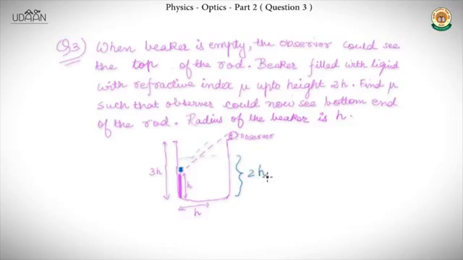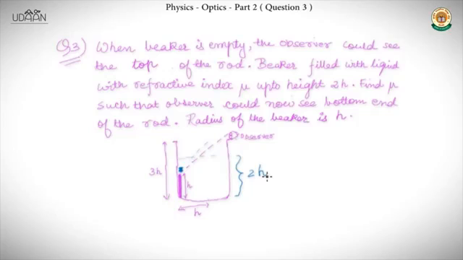Now we have to find mu, that is the refractive index of the liquid, such that the observer could now see the bottom end of the rod. We are also given that the radius of the beaker is h. Now Jai will draw the diagrams and explain the solution to this.